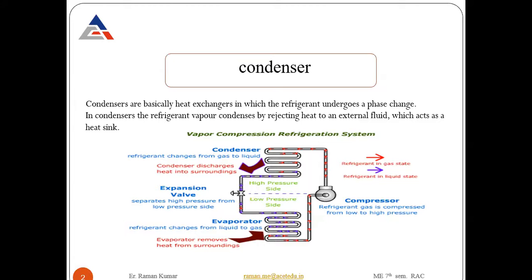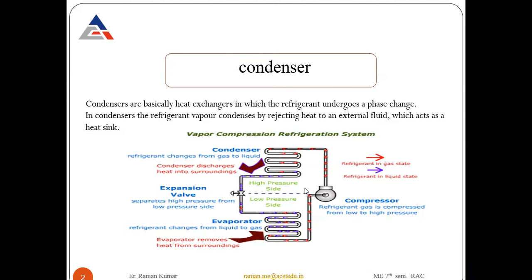From the compressor up to the expansion valve, this line is known as the high pressure side line. From the expansion valve through the evaporator up to the compressor, this line is known as the low pressure side line.